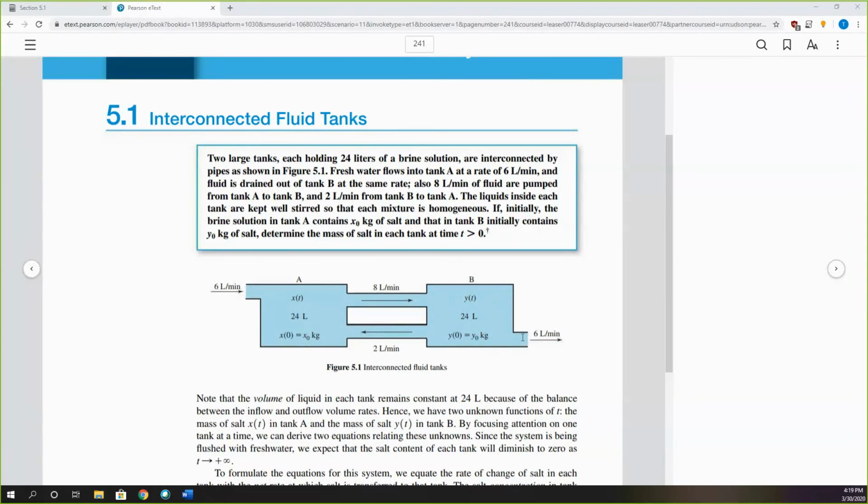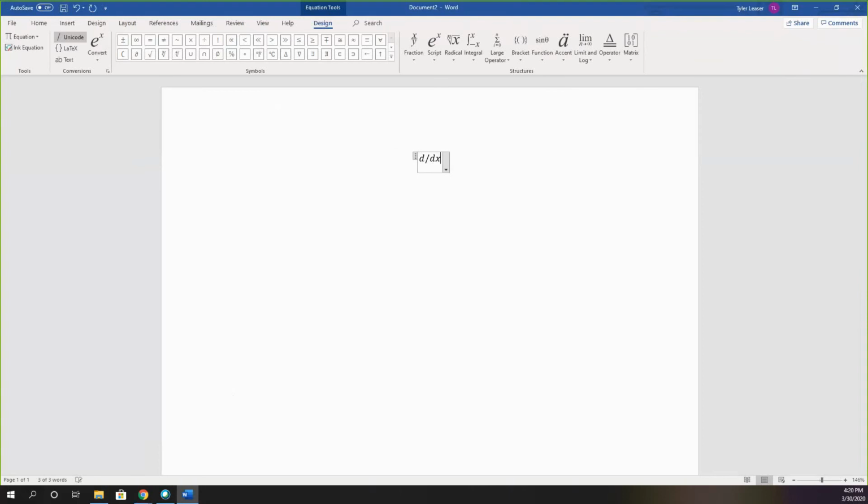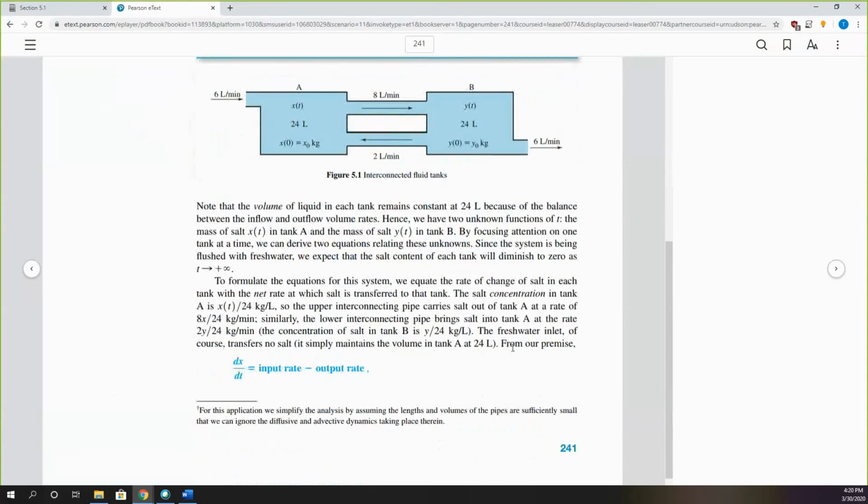All right. To set this up, we're going to start with the same thing that we always do with these containment systems. We're going to look at the differential equation where the change in salt, I don't know why I'm typing it out here, it's on that same page. The change is just the input rate minus the output rate.